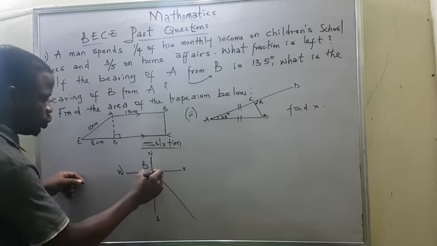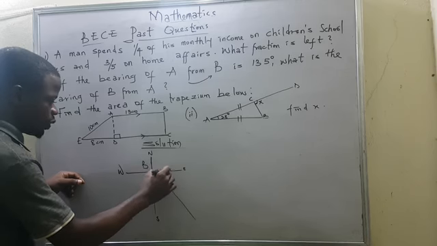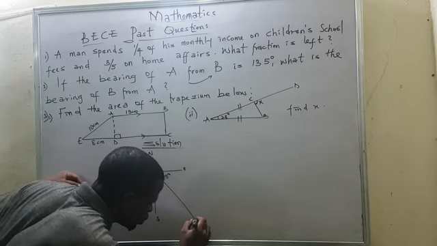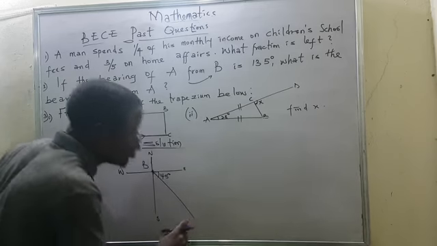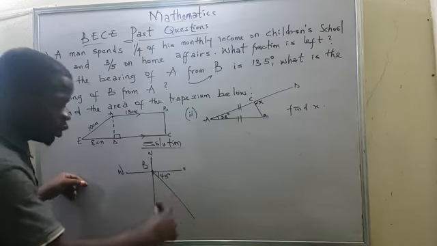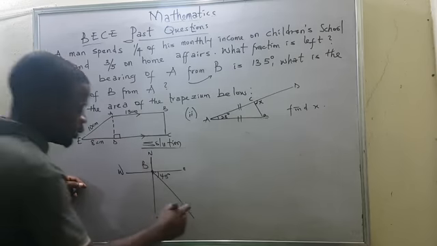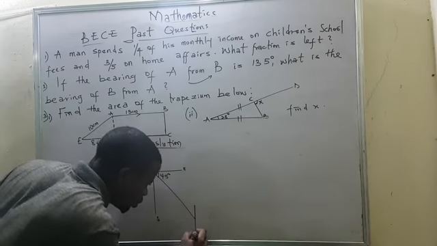You get? So this is B. This place is 45 degrees. Then at this point, you create another cardinal. We've gotten the bearing of A from B, right? Create another cardinal.